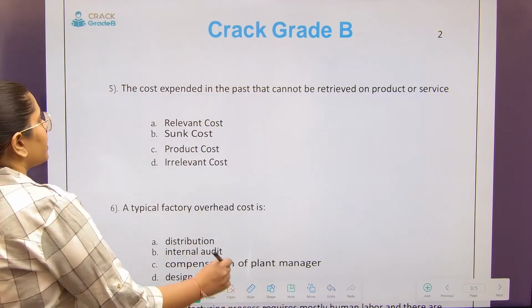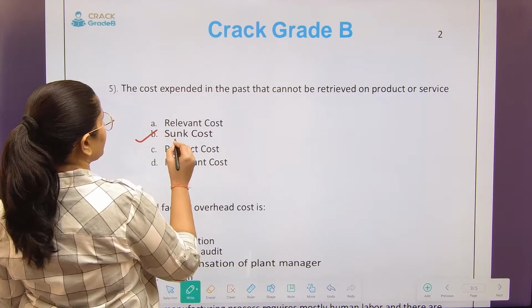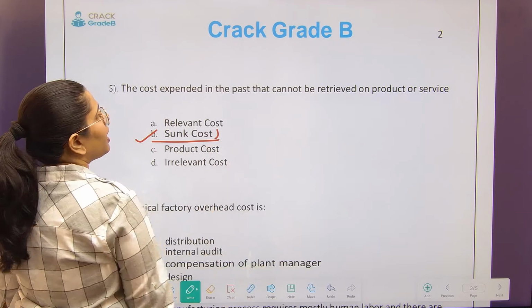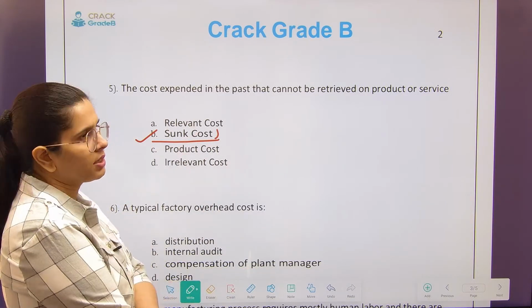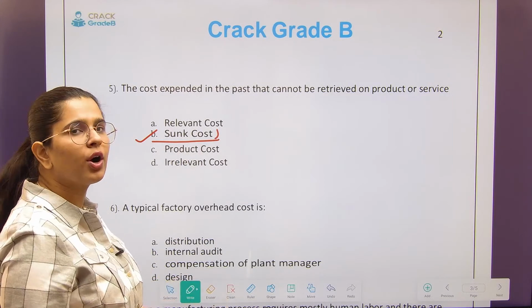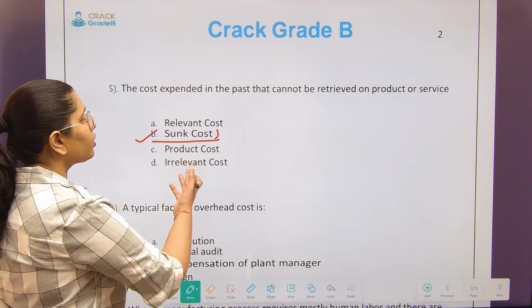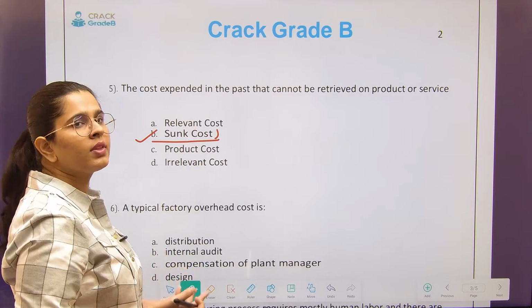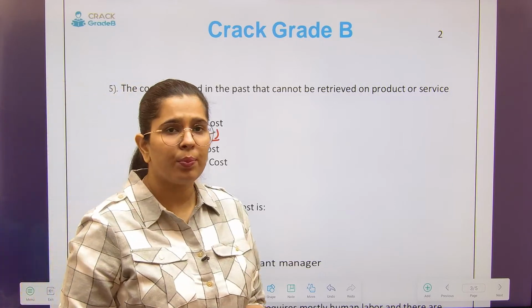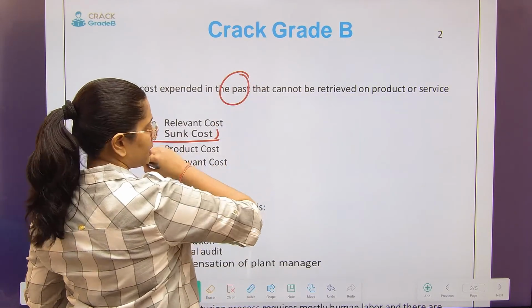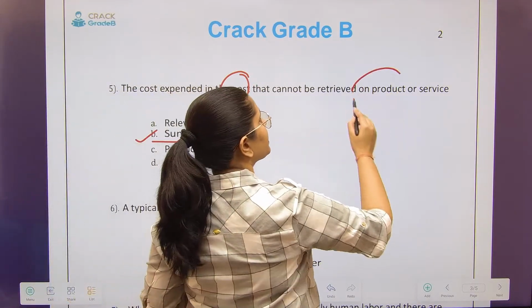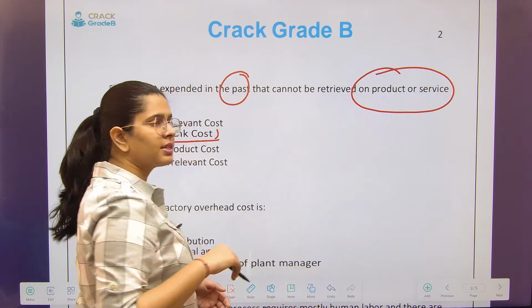Okay, fine. So the correct option over here is sunk cost. Now the trick here is that relevant cost is allocated to your product or service. Product cost, again the same meaning, is being included in your product. Now the two key phrases over here are past and cannot be recovered on a product or service.